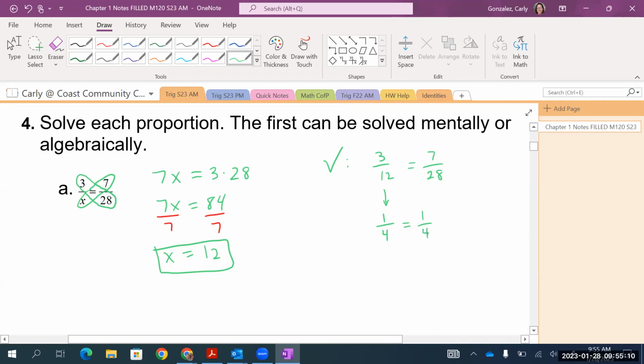And look, we have 1/4 equals 1/4. And I do want to point out that if you would have noticed originally when you looked at this problem that 7/28 could be reduced, you can reduce it at any point in time, and it will actually make the math a lot easier.